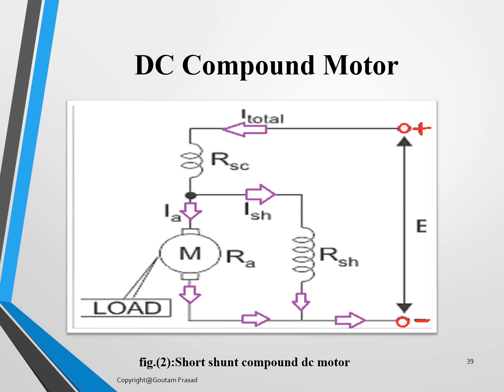The series field has been connected separately, and that is not being covered by the shunt field. Therefore, it is called short shunt compound. Both are compound motors, but here the configuration of the connection is different. So that is why it is called short shunt compound. The behavior is a little different from the earlier one.